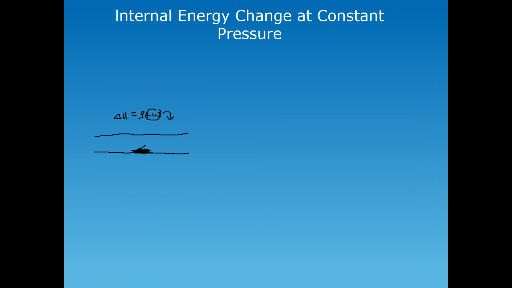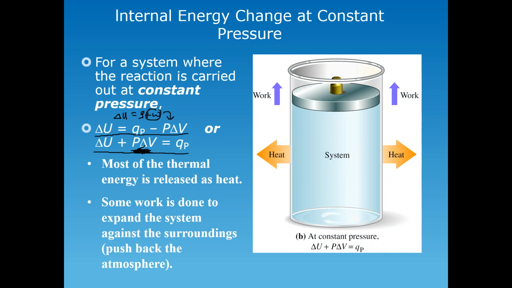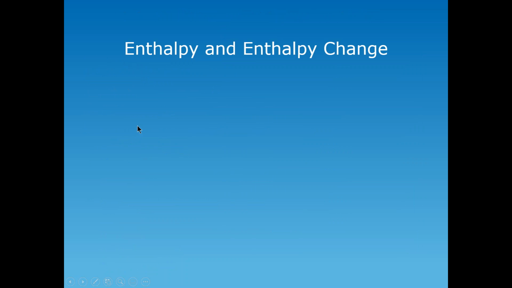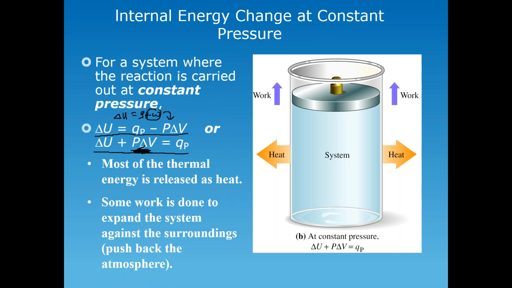Now, what about situations where instead of the volume being constant, the pressure is constant? Well, if the pressure is constant, delta U, which is the change in internal energy, would be equal to the heat change, QP, under constant pressure conditions, plus W. W will be replaced by minus P delta V, which we met before.